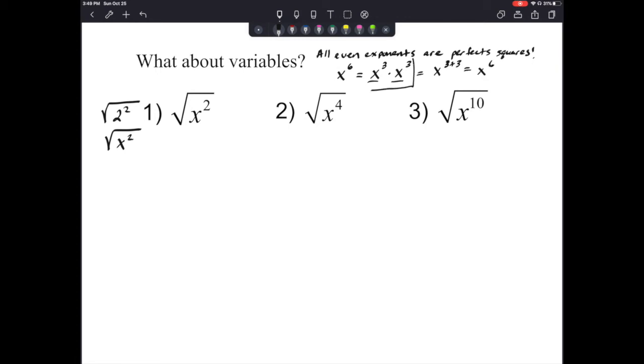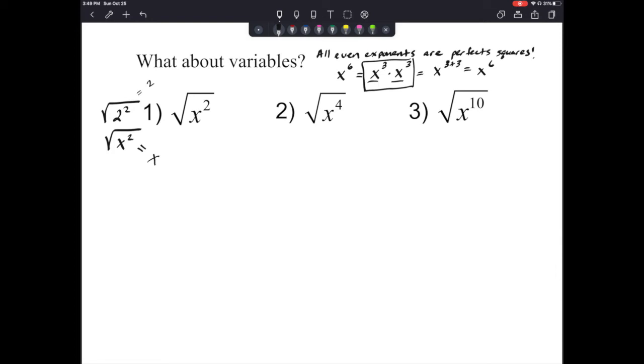But when you're multiplying some number times itself, that's like squaring it. So when we took the square root of 2 squared, we knew that was going to equal 2. That means the square root of x squared is going to end up equaling x.